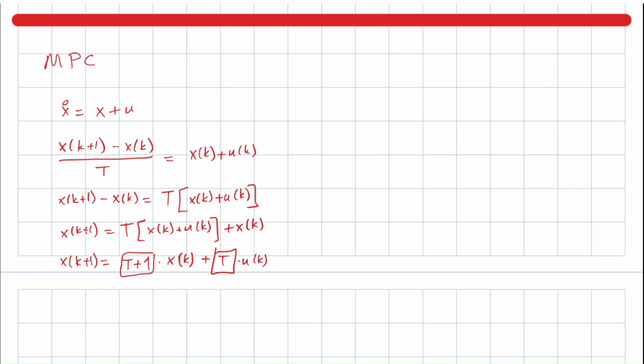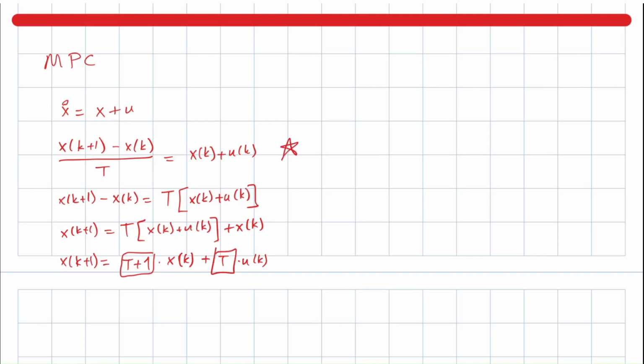And first of all, to implement MPC, you need to discretize the plant. So let's discretize, and let us use the simplest discretization algorithm, forward Euler.